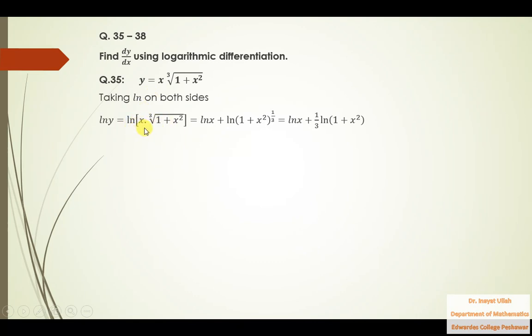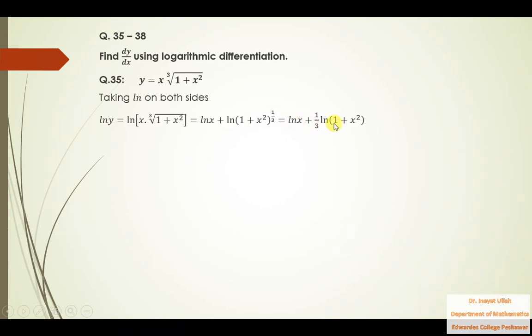Log of m into n is equal to log of m plus log of n, and then again the property of log, drop this power in front of the log, that is 1 by 3 natural log of 1 plus x square. So you see that we have simplified this function by using the log properties. This cannot be simplified more.